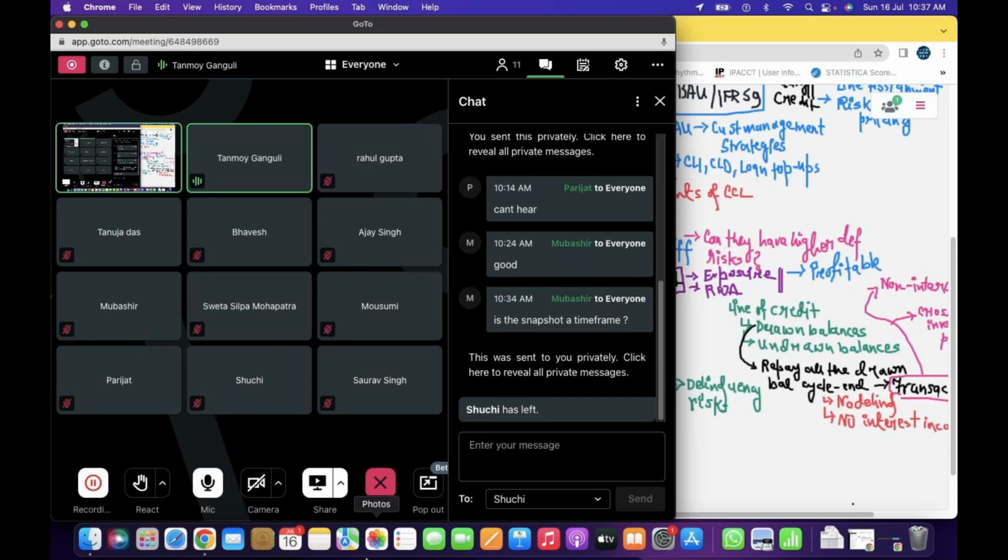If I'm looking at the data for Jan 2016, and from Jan 2016 I want to know what happens in the next 12 months, that is what we call a snapshot, right?